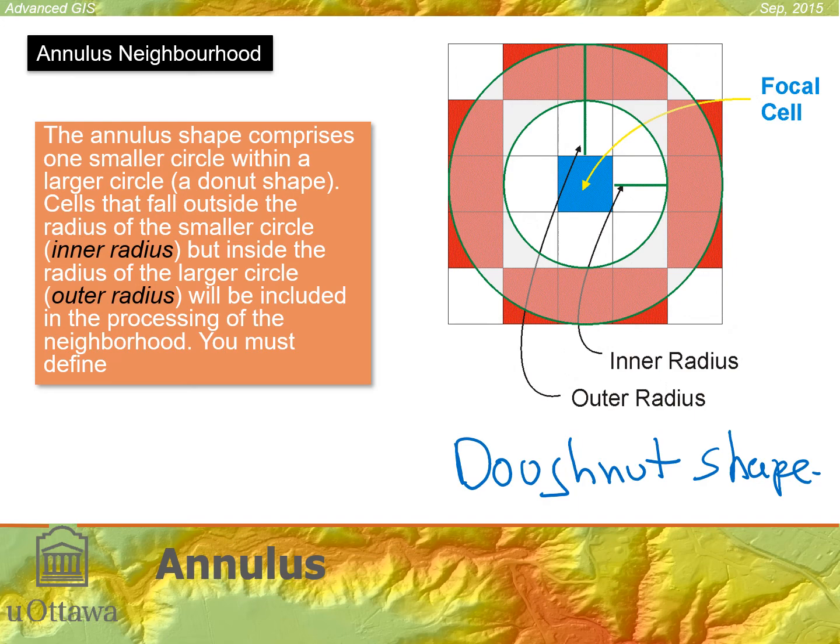So we have 2 radii, an inner radius and an outer radius, when creating an annulus or donut shape. All cells in the inner radius are excluded, and all cells between the inner and outer are included. So that's your inclusion zone here.